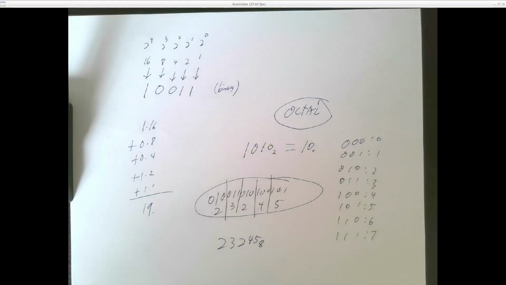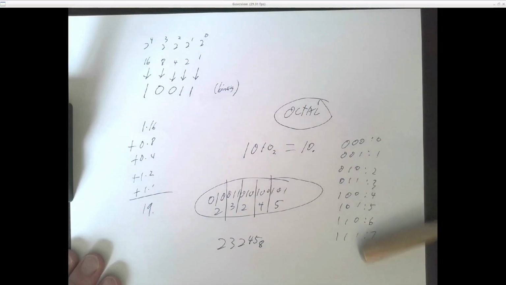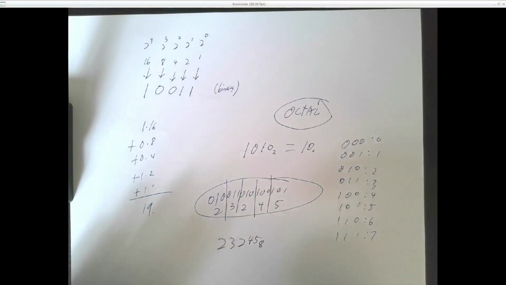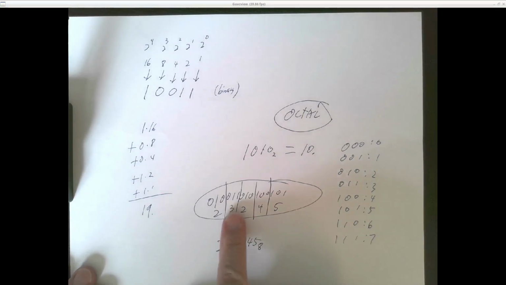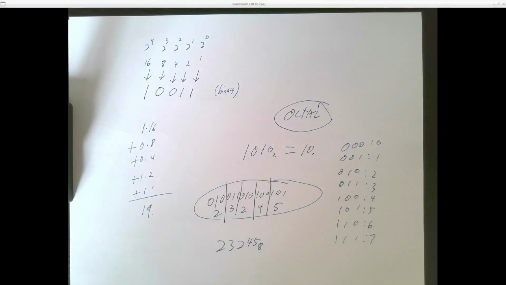And we can get pretty good at going back and forth between these 3-bit patterns and these digits. And so if I wanted to tell you this number in octal, I could say 23245. And that's pretty unambiguous, right? You're not likely to get that wrong compared to 01001101010010001, right? 23245, a lot easier.